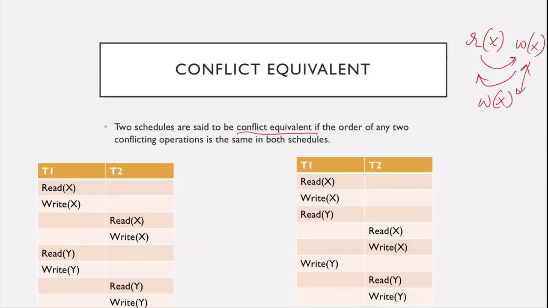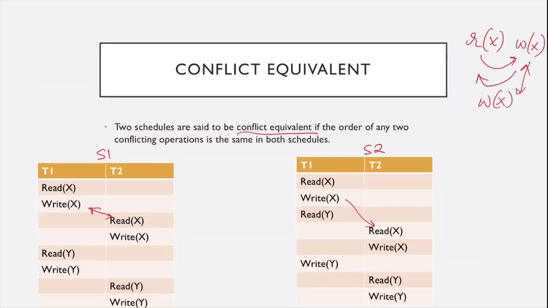If we look at this schedule, say this is S1 and this is S2. Let us look at the conflicting operations. Here T1 performs a write followed by T2's read. These two are conflicting operations, and in the other schedule also, first T1 performs a write and then T2 performs a read.